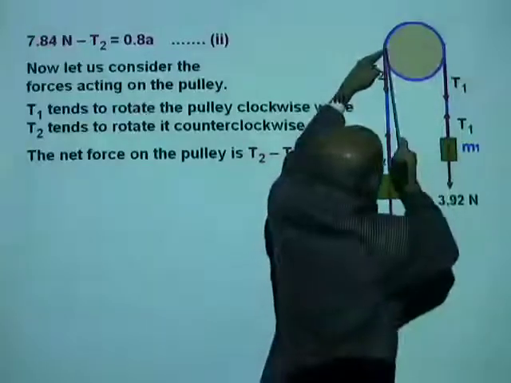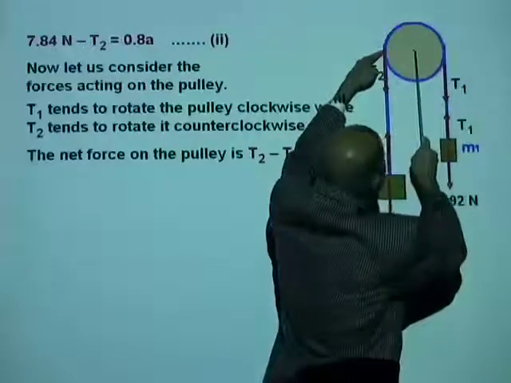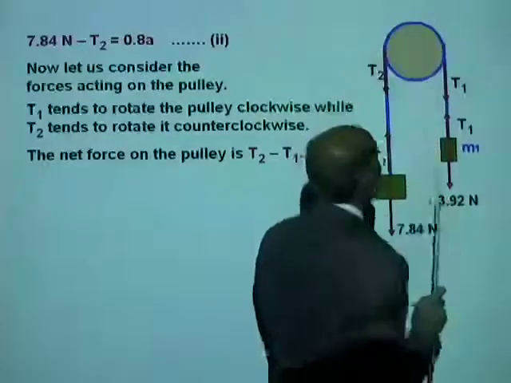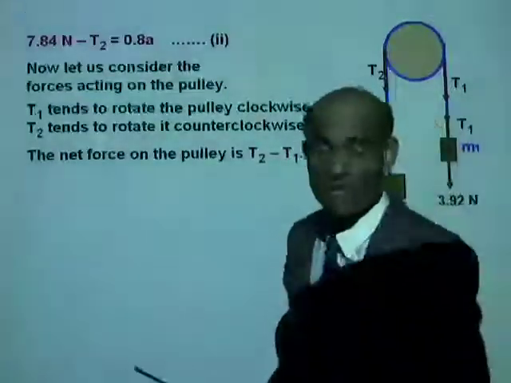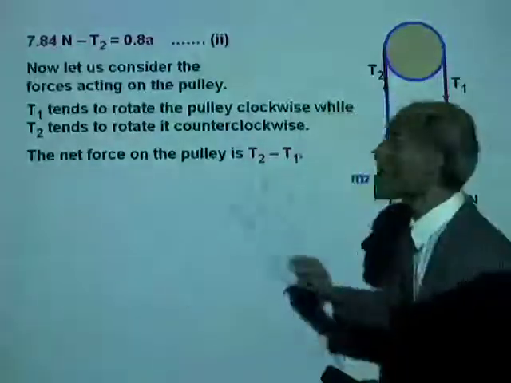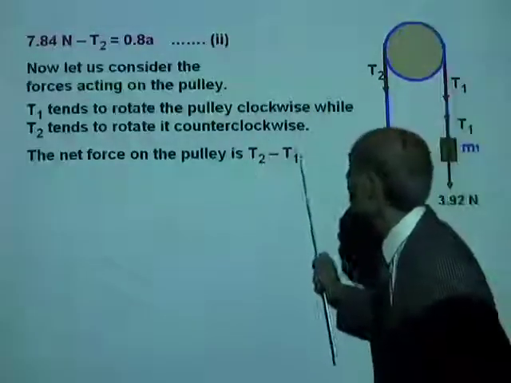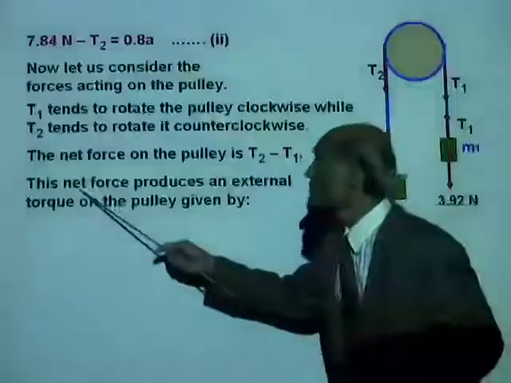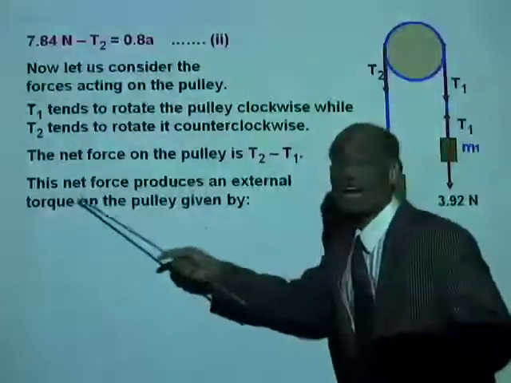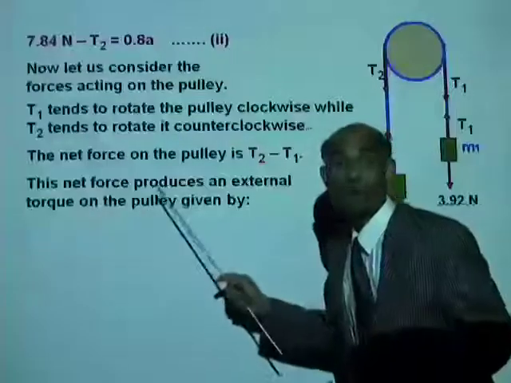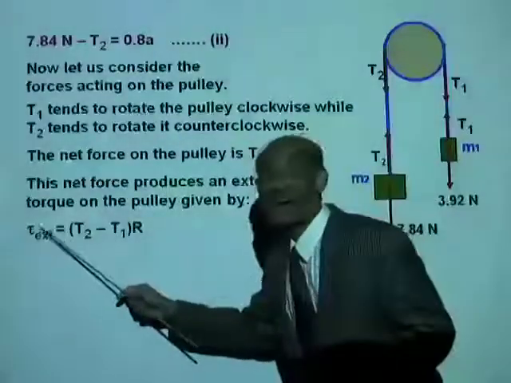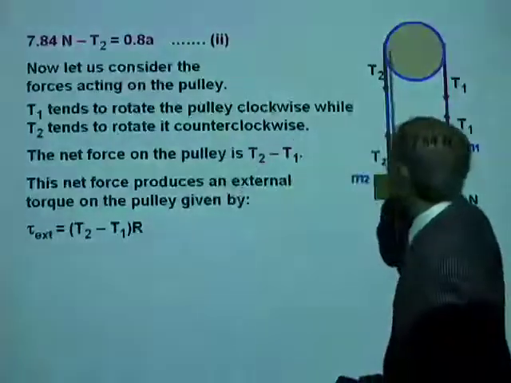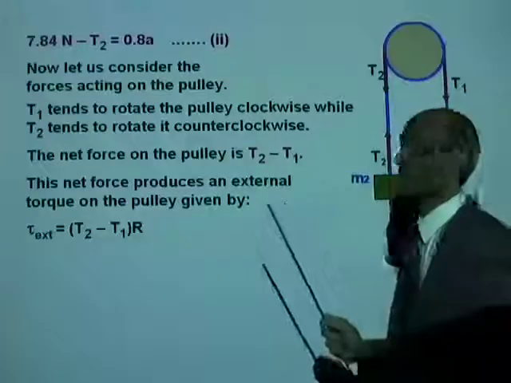And what is the distance of that force from the axis of rotation? It is the radius of the pulley. Therefore, the external torque will be the net external force multiplied by that radius. This net force produces an external torque on the pulley given by tau external is T2 minus T1 times the radius of the pulley.